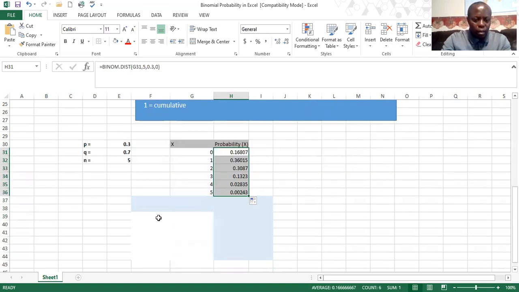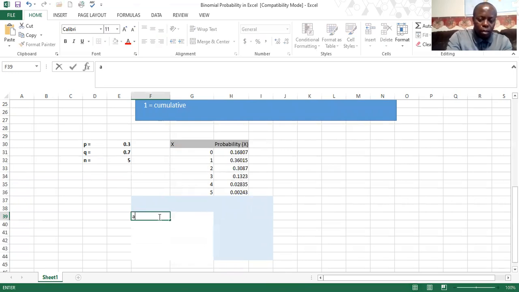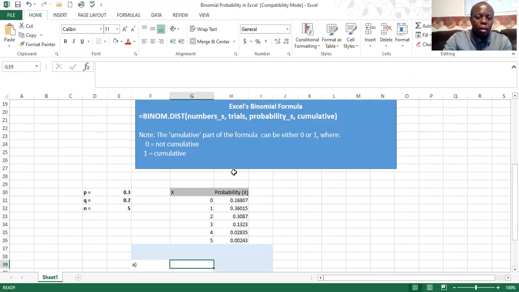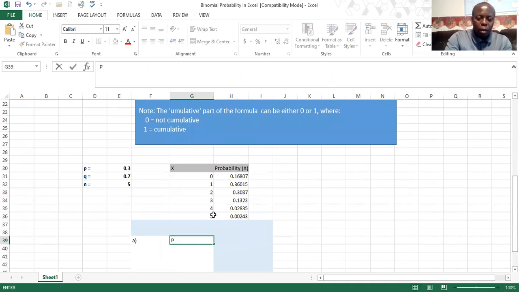Part A says, the probability that exactly 3 of them have part-time jobs. So probability of exactly 3 equals, you can see right here, it's 3.